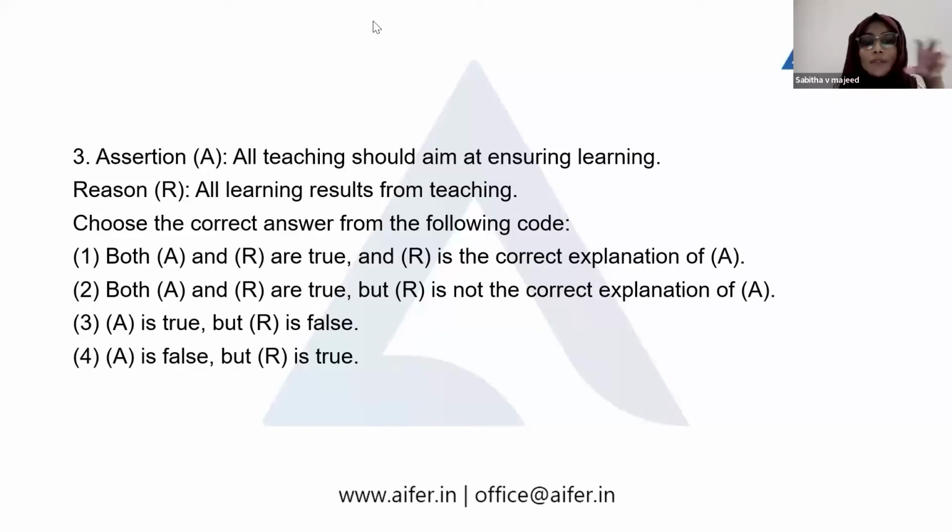We have to check whether the two statements are correct or not, and whether the reason correctly explains the assertion. That is the assertion reason question. So read carefully and let me know your answers in the chat box.